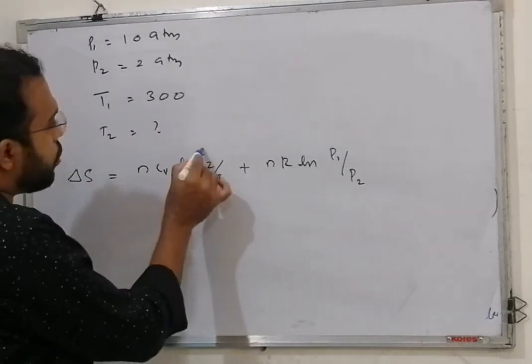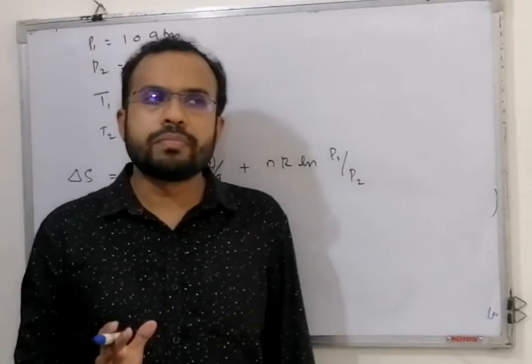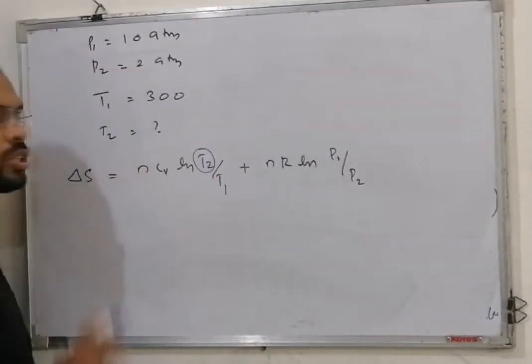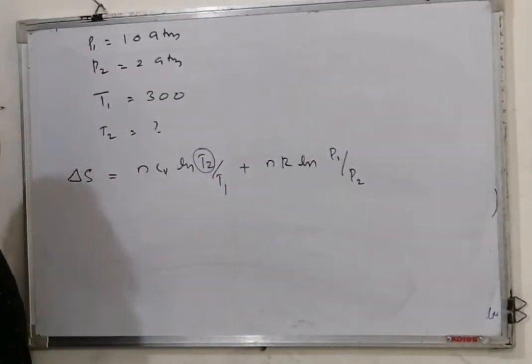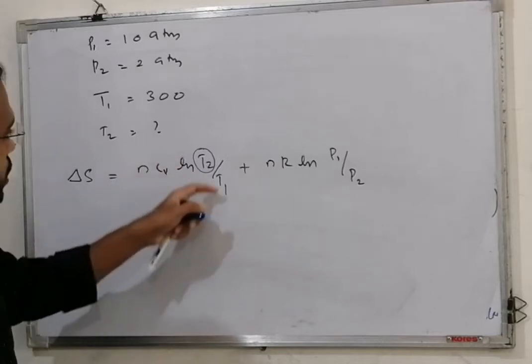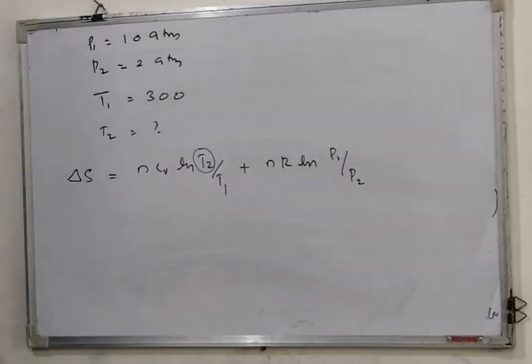But the problem, you don't know the T2. If there was a term isothermal, we were lucky. We can neglect this part, but here we can't do it, because question does not tell you it is isothermal. Therefore, we want to find out T2, and we have to do this part also.